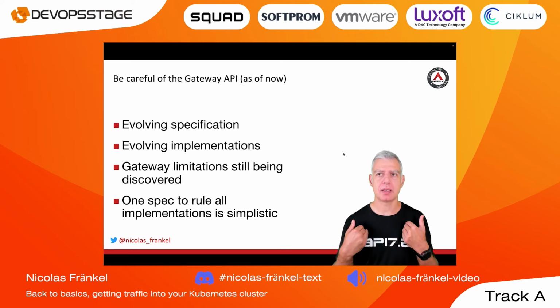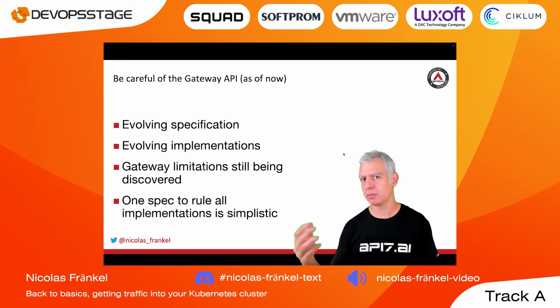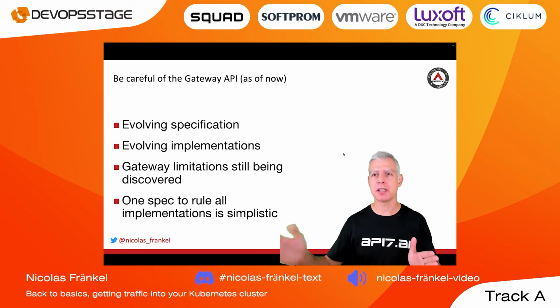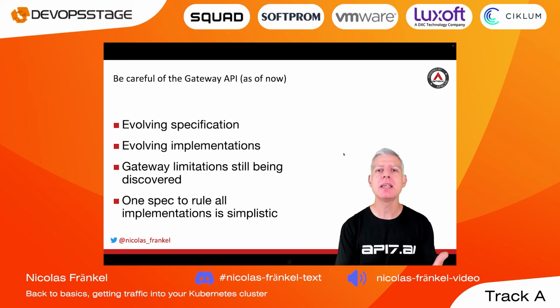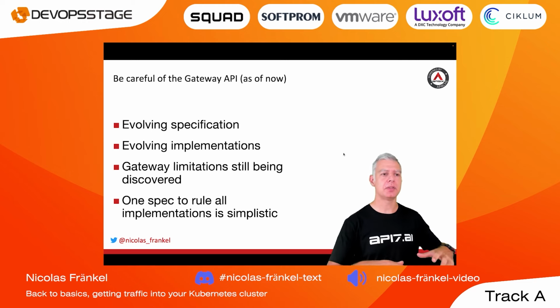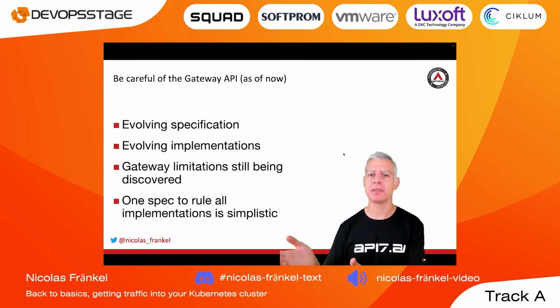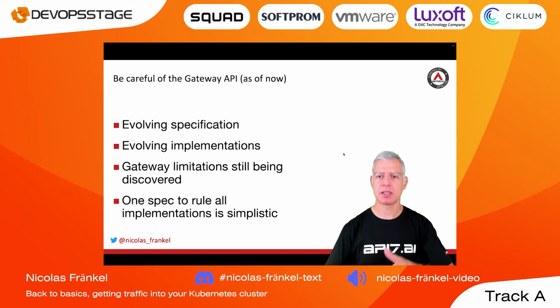I have been working in Java before, and at the time there was something called Java EE. Now it has been renamed to Jakarta EE. The idea was to have one single specification and to have different implementations on the application server side. You would have a Java EE server, and then you would have, I don't know, WebLogic, and you could replace it with WebSphere because both were certified to be Java EE compliant.